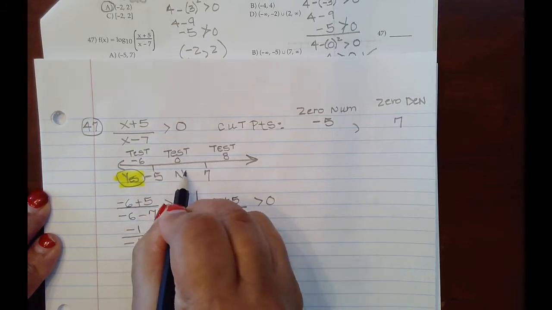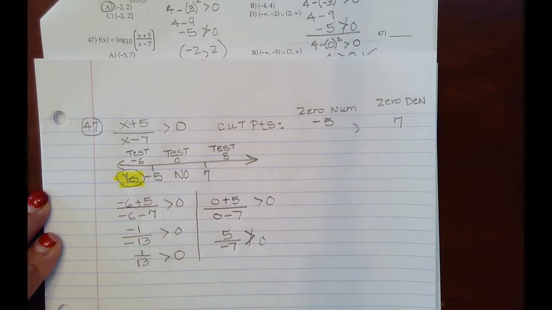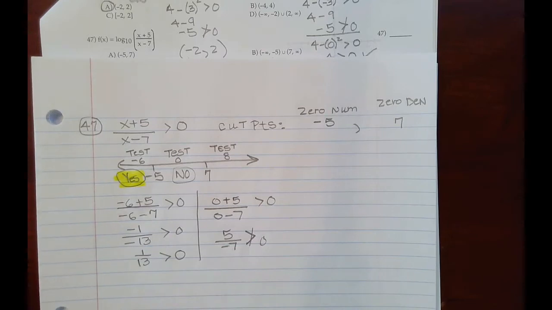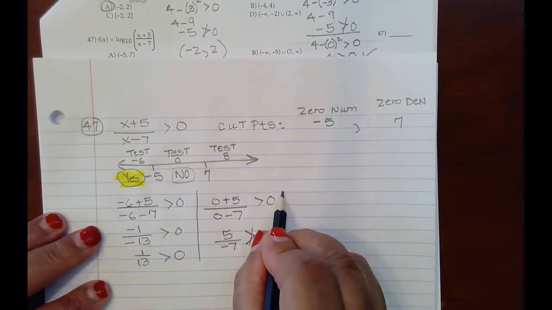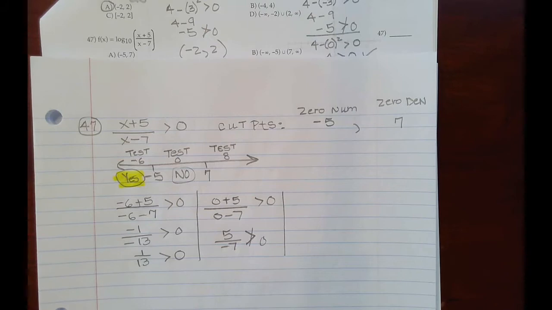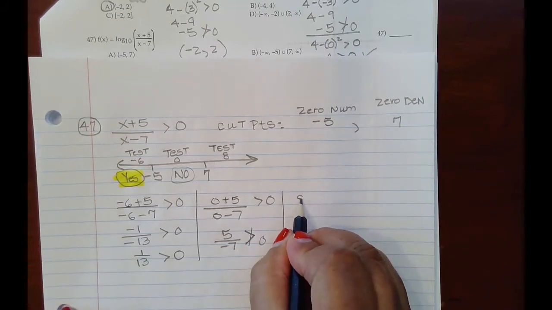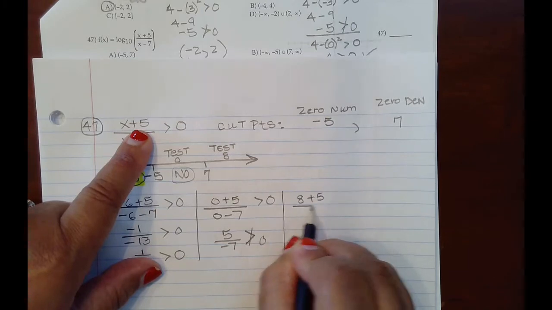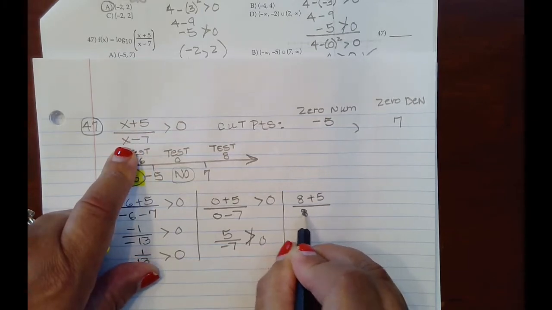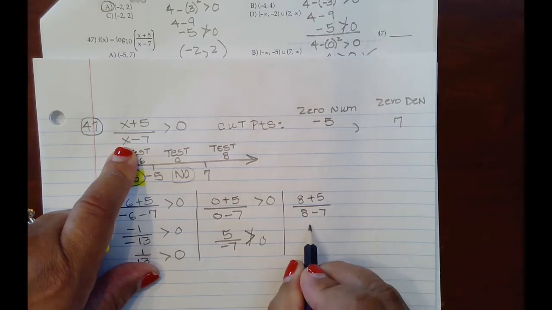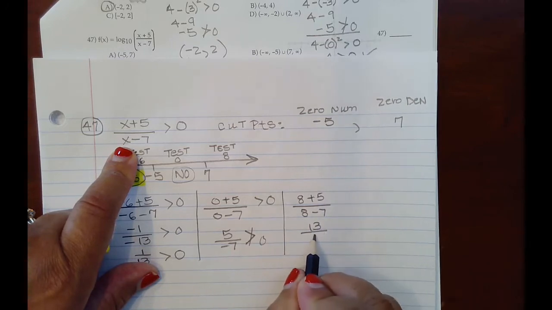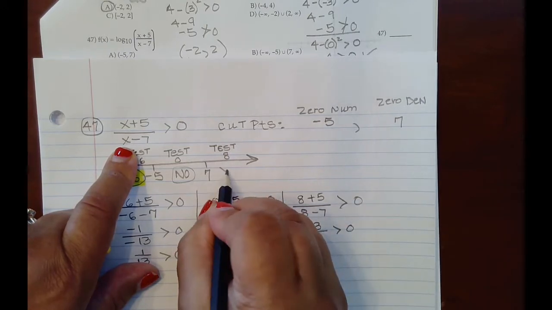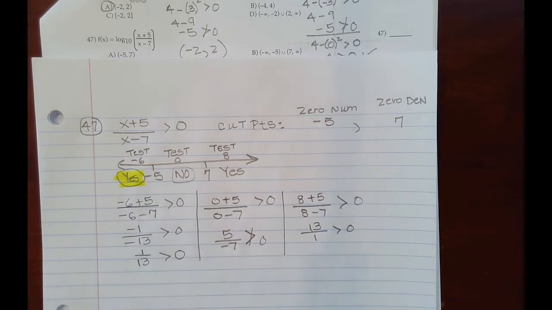I said no. When you plug in a 0 or any number in this interval, you get numbers that don't work. Okay, next thing is to test the rightmost interval, which is where we're getting the 8 from. So it would be 8 plus 5, and then 8 minus 7. Okay, that would be 13 over 1, which is greater than 0. So yes to this interval of numbers as well.